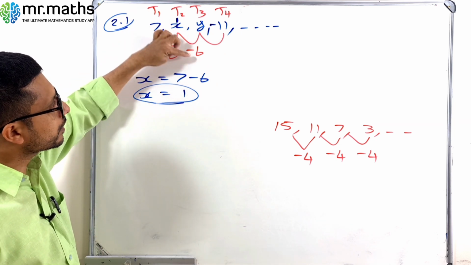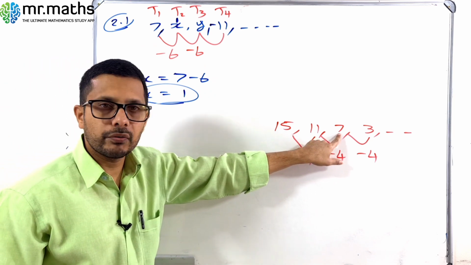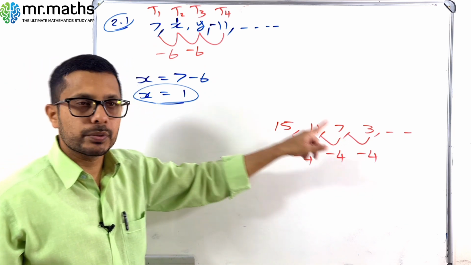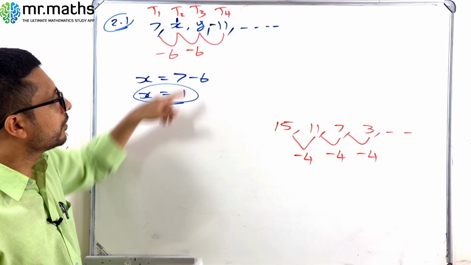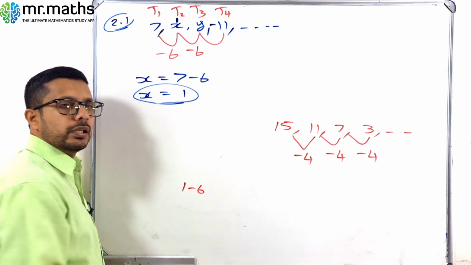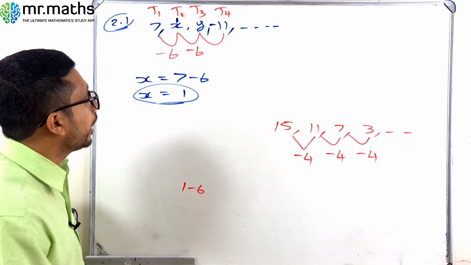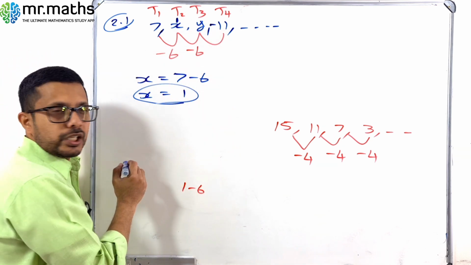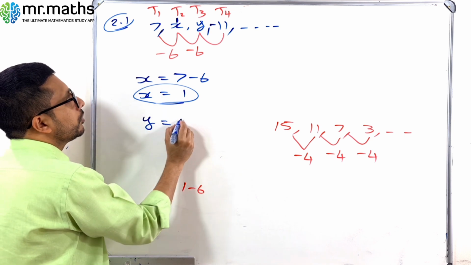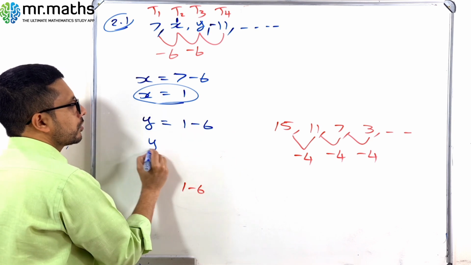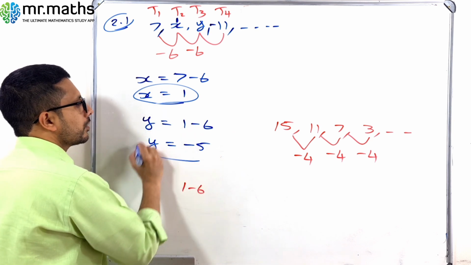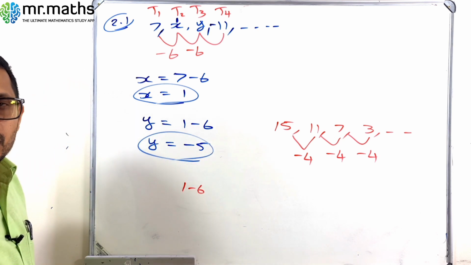How can I find this 7? 11 minus 4. Similarly, 1 minus 6. What is 1 minus 6? It is minus 5. So y is equal to 1 minus 6. So y is equal to minus 5. And that is the value of y.